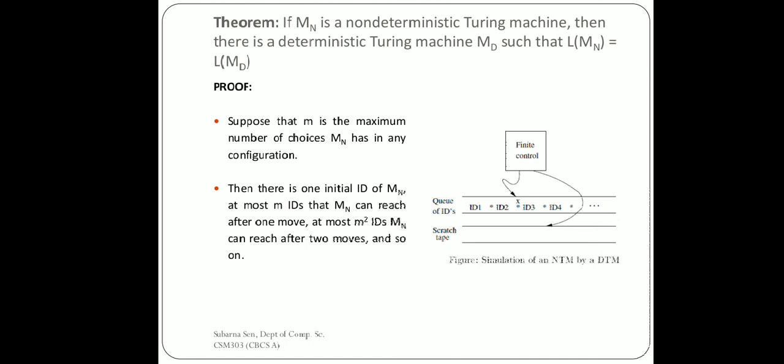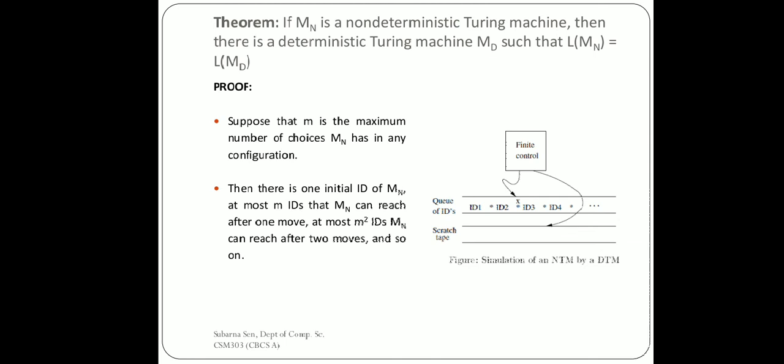So if m is the maximum number of choices that Mn has, what can be the total number of choices then? There is one initial ID of Mn, and at most m IDs that Mn can reach after one move.